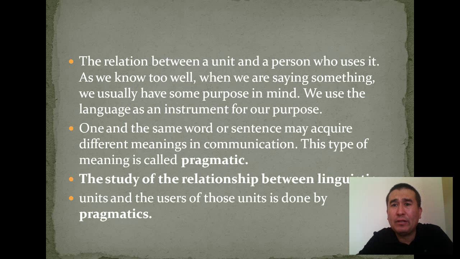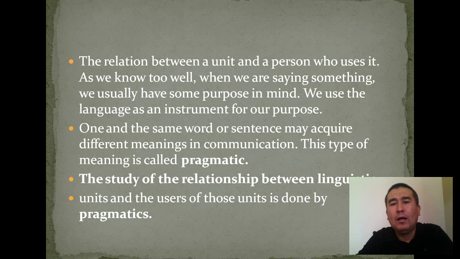The third is the relation between a unit and the person who uses it. As we know too well, when we are saying something, we usually have some purpose in mind. We use language as an instrument for a purpose. One and the same word or sentence may acquire different meanings in communication. This type of meaning is called pragmatic.